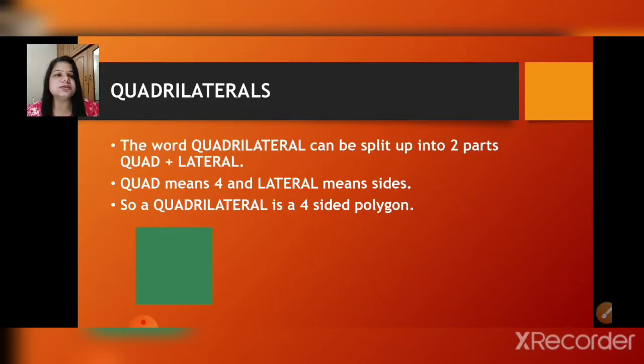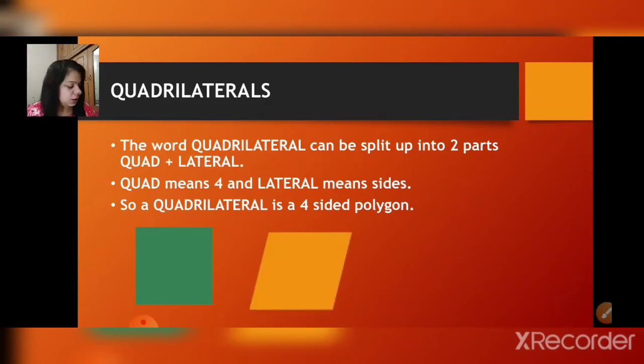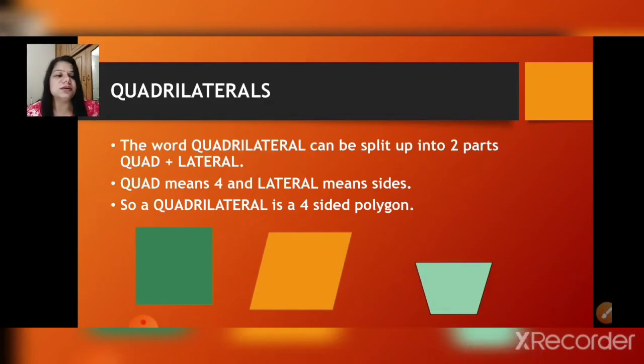So in this slide you can see here there is a four-sided figure, closed figure. So it is a quadrilateral. Again you can check the second type of quadrilateral is there in front of you. Then next, second type, third type of quadrilateral, and the fourth type of quadrilateral.